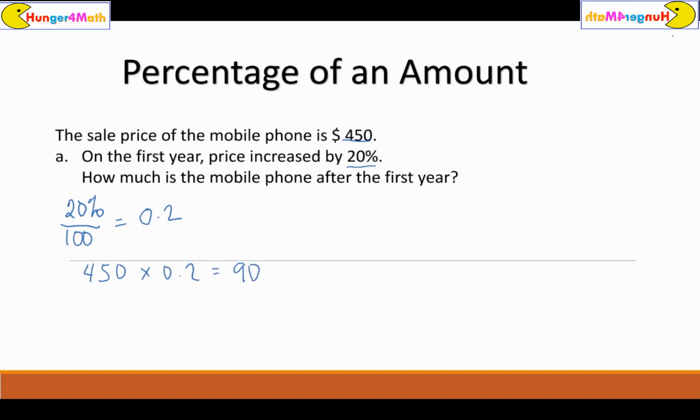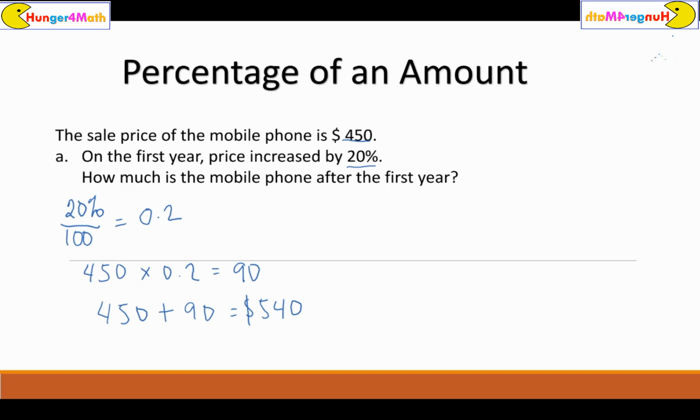It means that it increased by $90 in the first year. To find out the total price of the first year, we're going to add 450 plus 90 is equal to 540 US dollars. So that is the price on the first year.